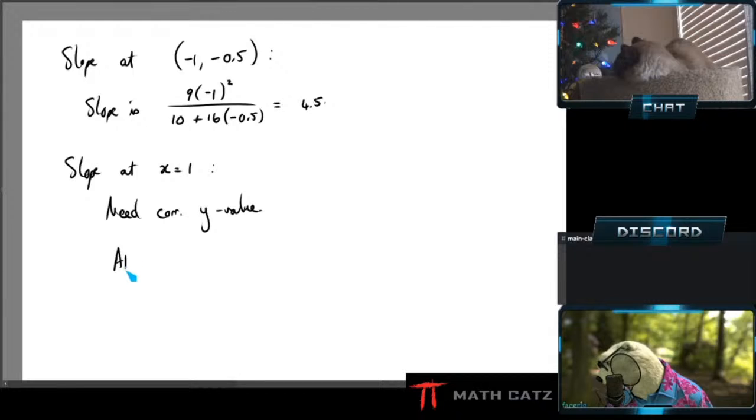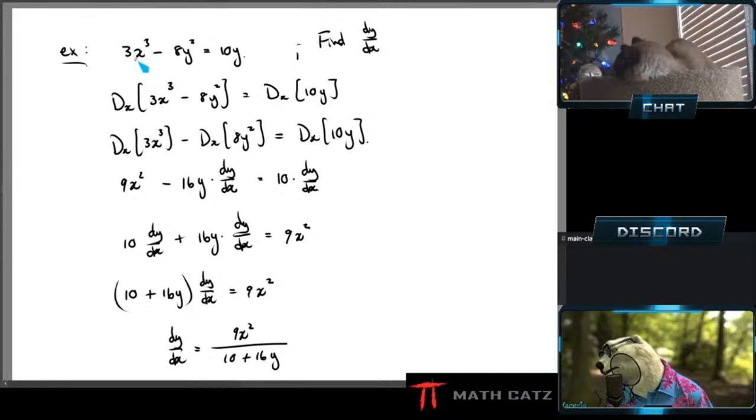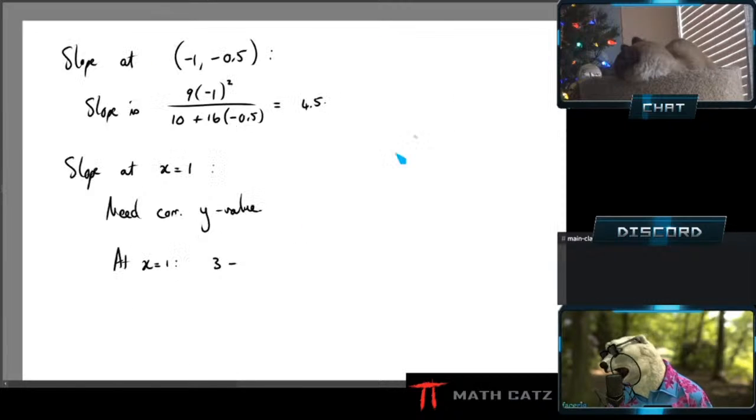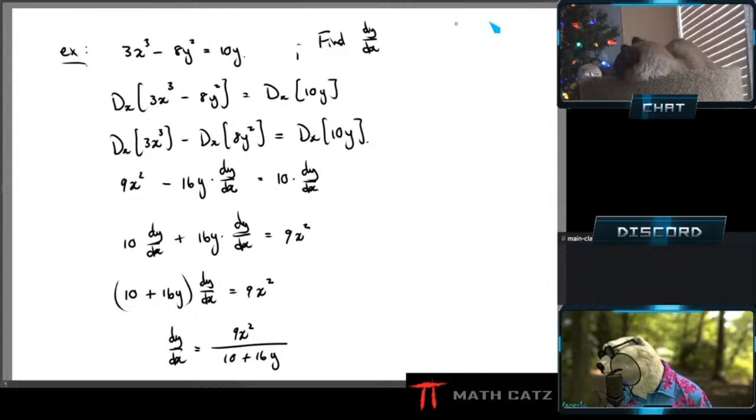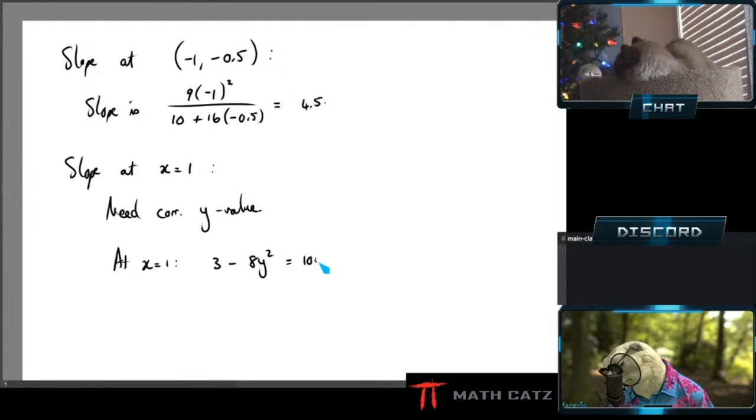Let's say here at x equal to 1, I have 3 minus 8y squared equal to 10y. And I have to solve for y. Let's clean this up a little bit. 8y squared plus 10y minus 3 equals 0. Move everything to the right.